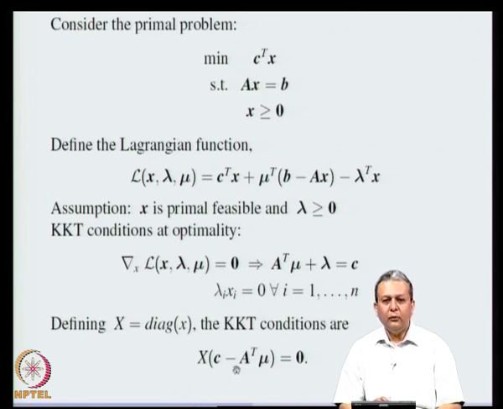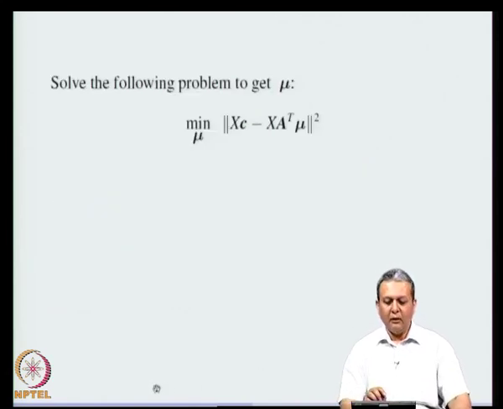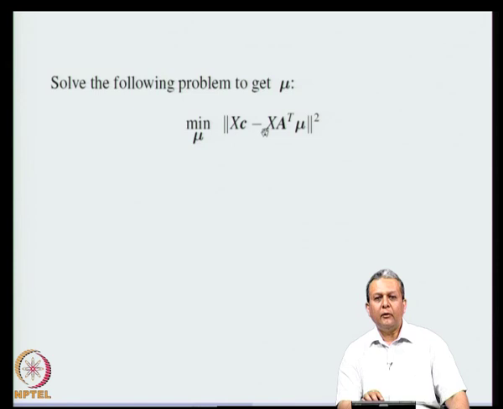Remember that the minimum value of the expression on the left side is 0. So, we need to minimize Xc minus X A transpose mu with respect to mu, so as to get the correct value of mu. So, we minimize the norm square of Xc minus X A transpose mu.